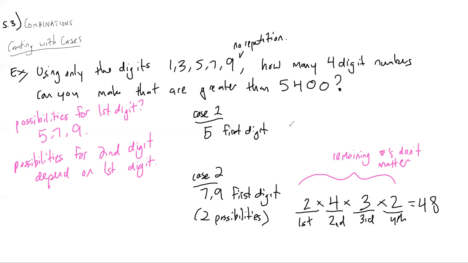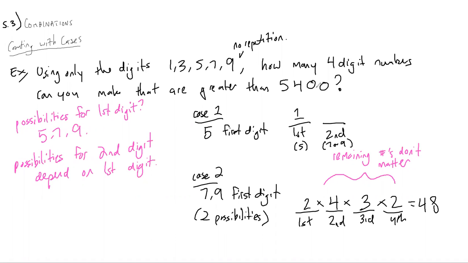Now, if 5 is the first digit, that only gives us one possibility for that first digit. Now, my second digit, I do have restrictions here. If I want it to be bigger than 5,400, the second digit must be 7 or 9. 5 is already chosen, and it can't be 1 or 3.